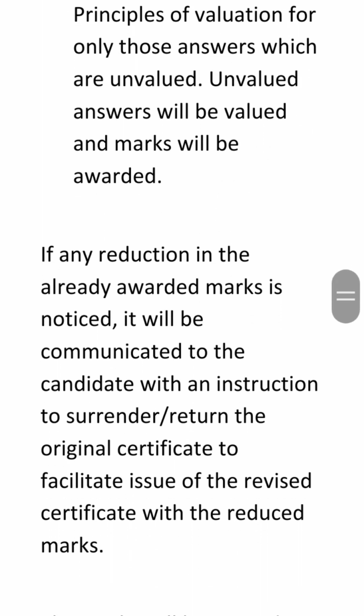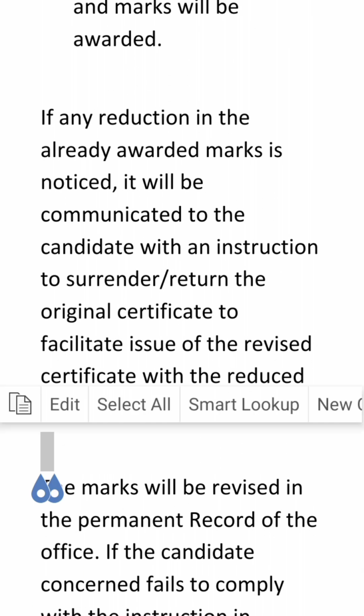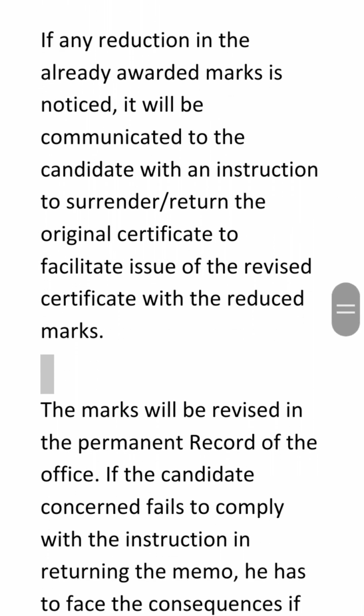Very important: if any reduction in the already awarded marks is noticed, it will be communicated to the candidate with an instruction to surrender the original certificate to facilitate issue of the revised certificate with the reduced marks.